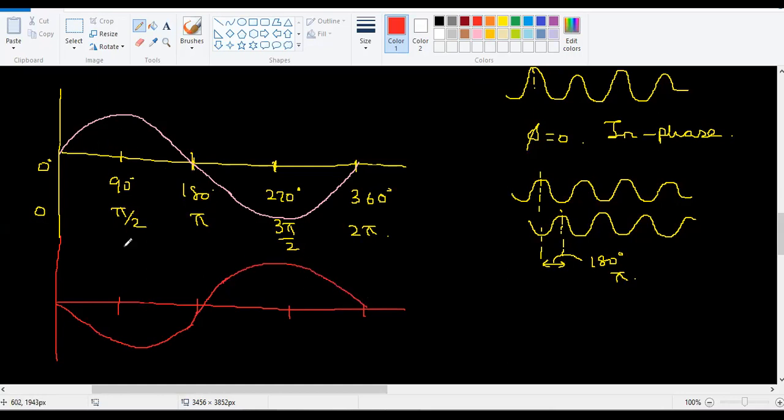You see, when this is going upwards, this is going downwards. When this is going down, this is going up. This kind of wave, we call it a 180-degree phase difference. Why? Because look at this. I'm supposed to find the angle difference between this and this.